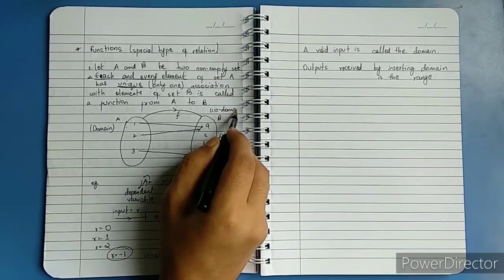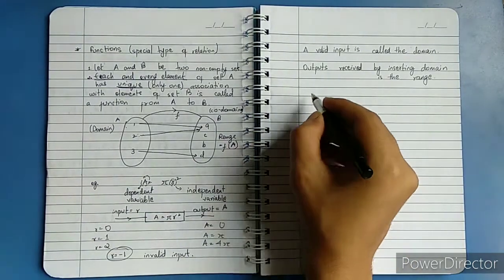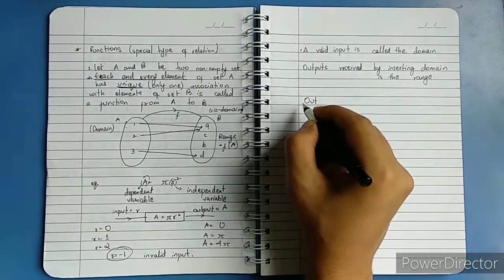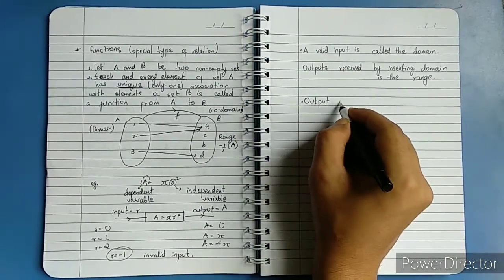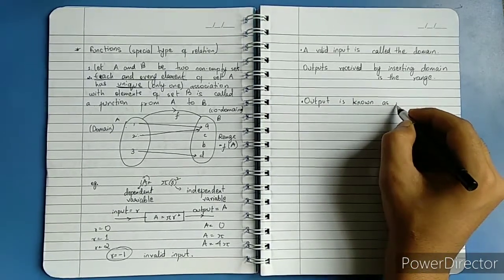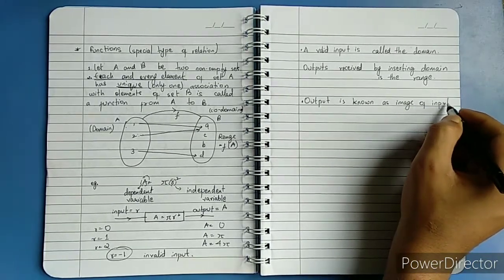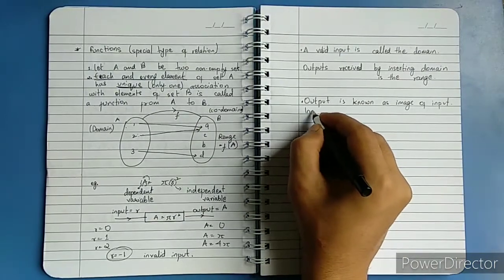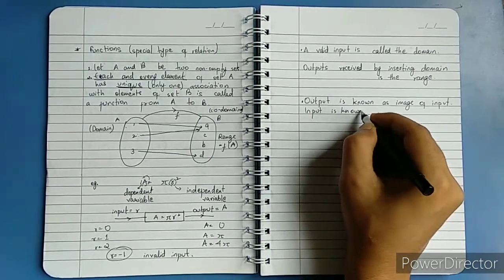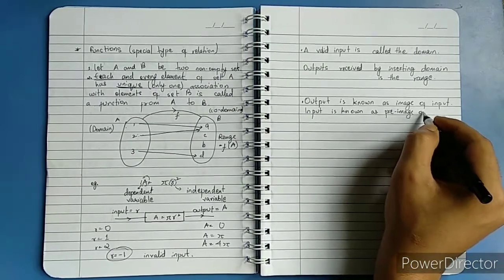Like we did in relations as well, this set is called a set of codomain. So any one particular output, an output is known as image of the input, and input is known as pre-image of output.